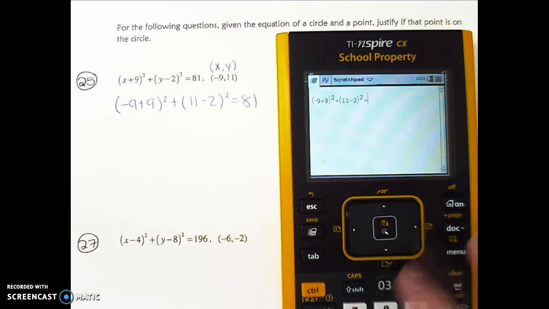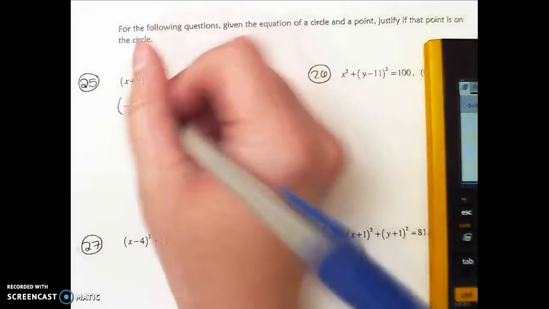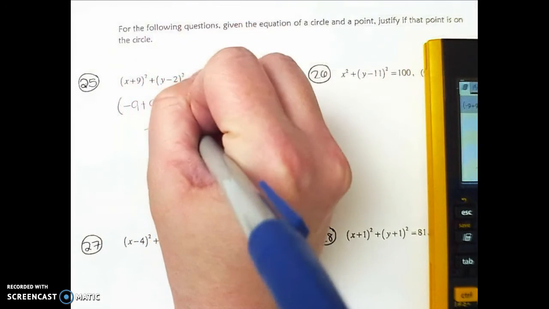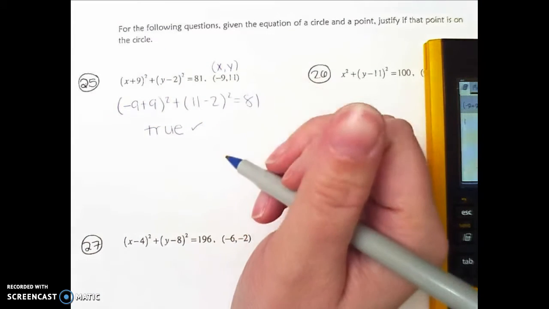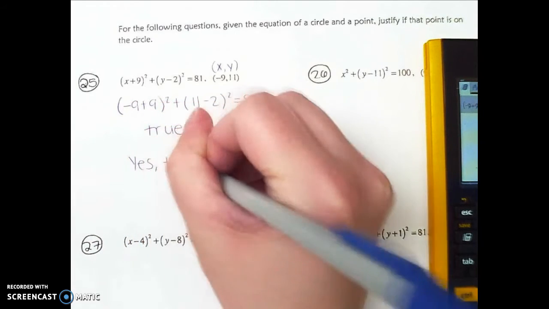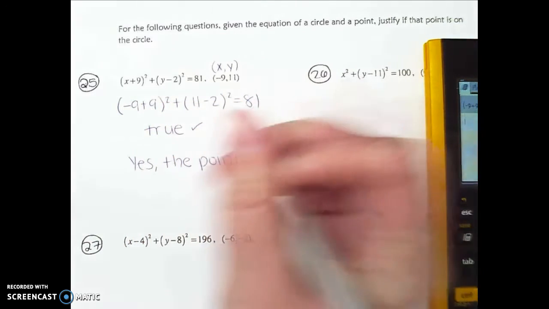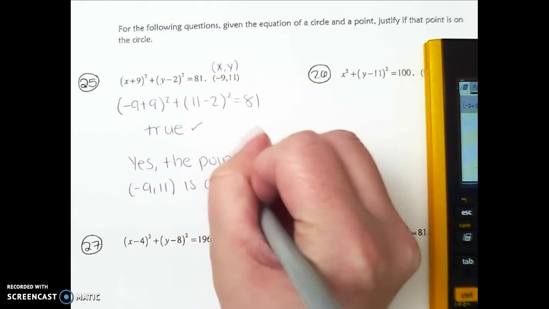Is equal to 81, and I hit enter, and the calculator tells me that this is true. So on my paper, I'm going to go ahead and write true. I can even put a little check mark to show that I did in fact check it. And what this tells us is that, yes, the point -9, 11 is on the circle.